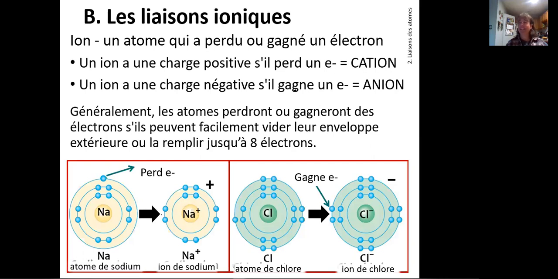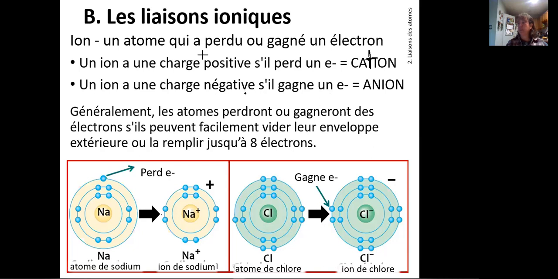An ion has a negative charge if it gains an electron, in which case it's called an anion. So a positive charge is a cation. Remember, this T is positive.